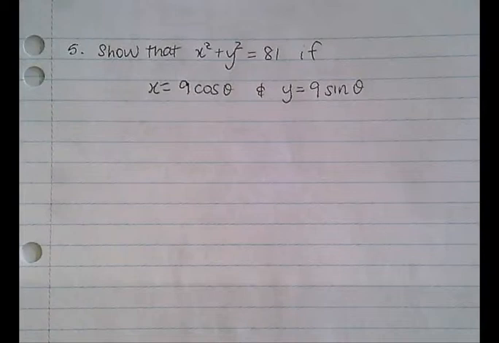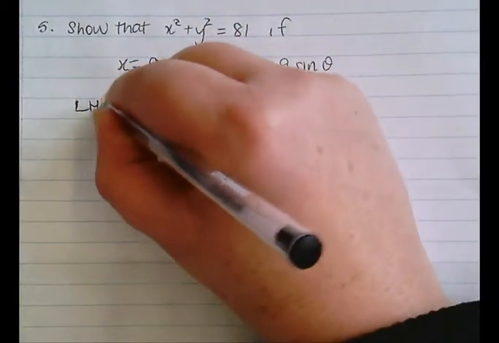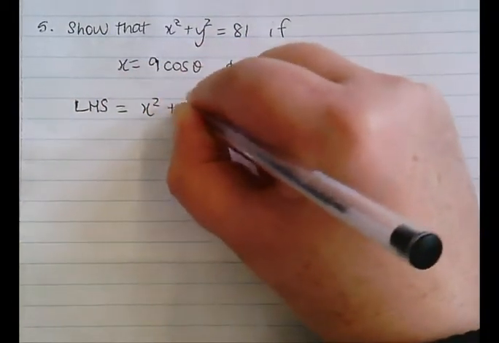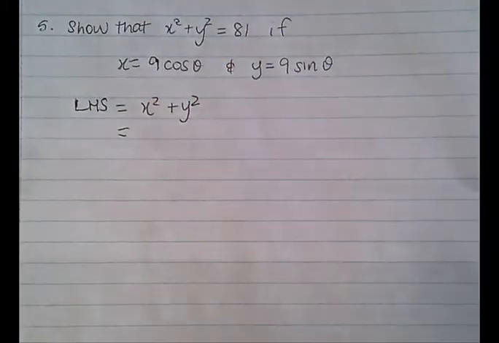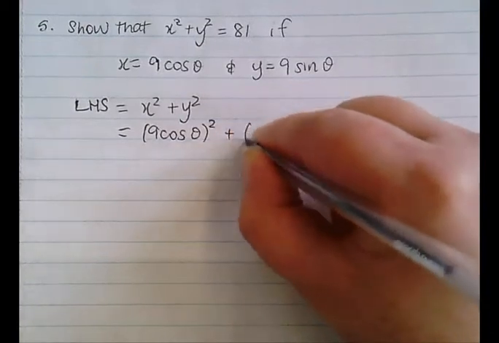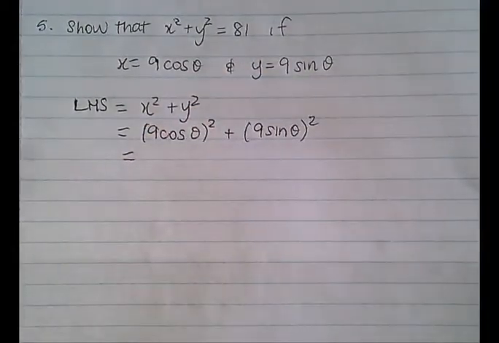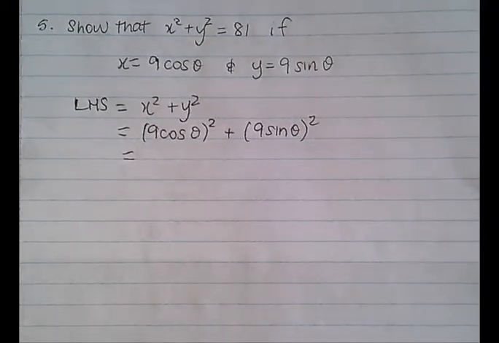Here with question 5, show that x squared plus y squared equals 81 if x is 9 cos theta and y is 9 sine theta. Remember, we start with the left-hand side. Left-hand side is x squared plus y squared, which equals (9 cos theta) squared plus (9 sine theta) squared, which equals, you know what to do now?